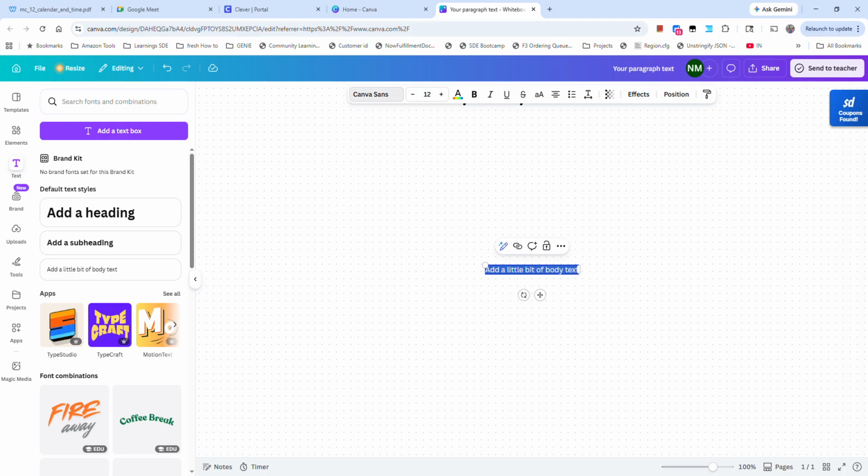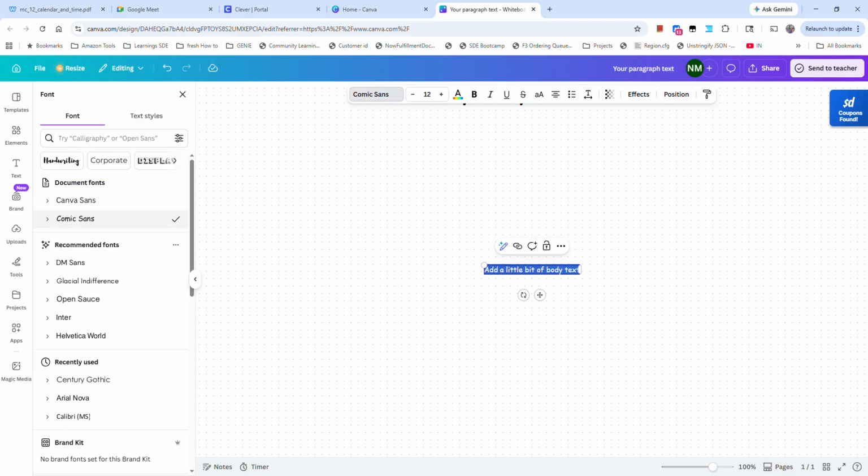Congruent basically means that it's the same on two triangles, because we're talking about triangles. It's a geometry lesson. So the same on two triangles.